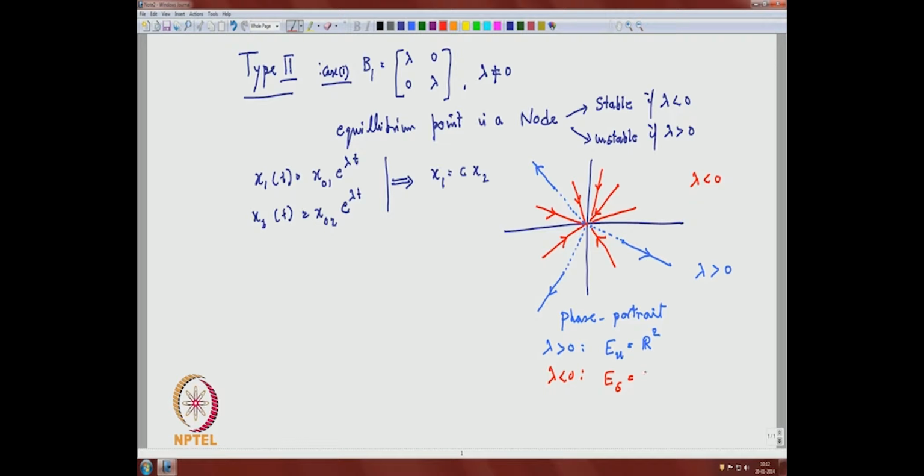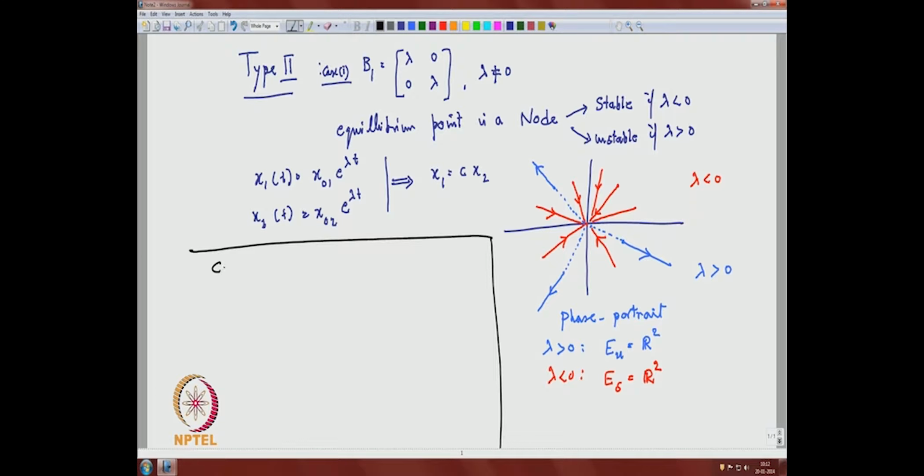So, the stable subspace and the unstable subspace are given like that. Now, we will go to case 2.